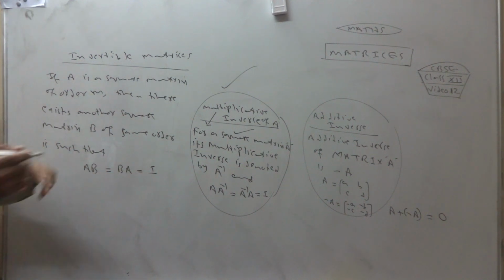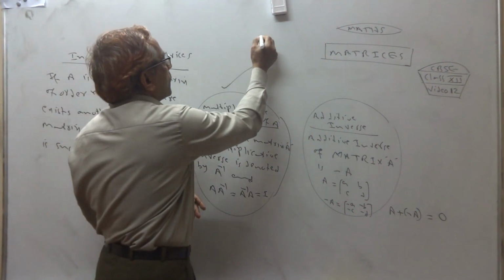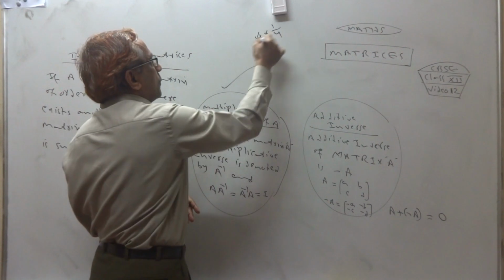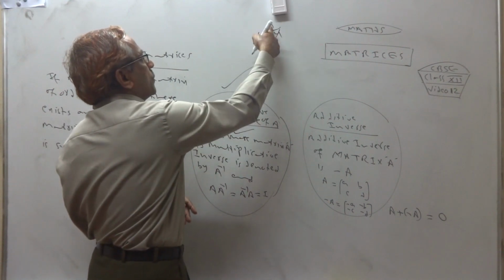For example, in numbers, what is the reciprocal, the inverse, of 4? 1 by 4. When you multiply them, it gets cancelled, you get 1.